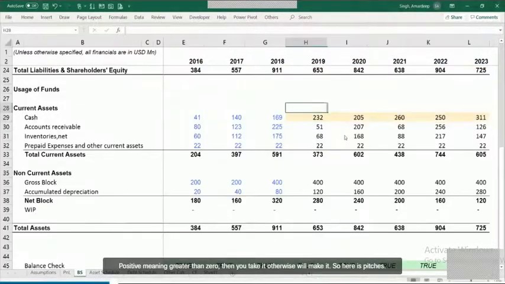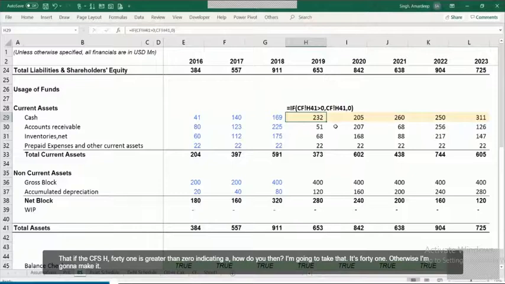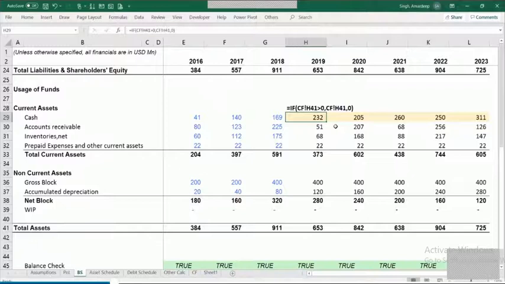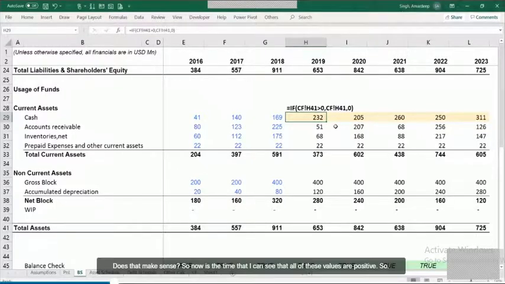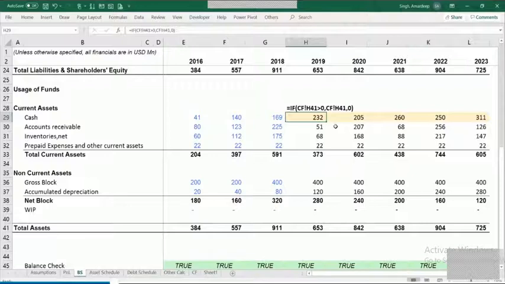So the formula that I put over here is that if the CFS H41 is greater than zero, indicating a positive scenario, then I'm going to take that H41, otherwise I'm going to make it zero. Does that make sense? So now I can see that all of these values are positive. So those values have got populated in the cash line.